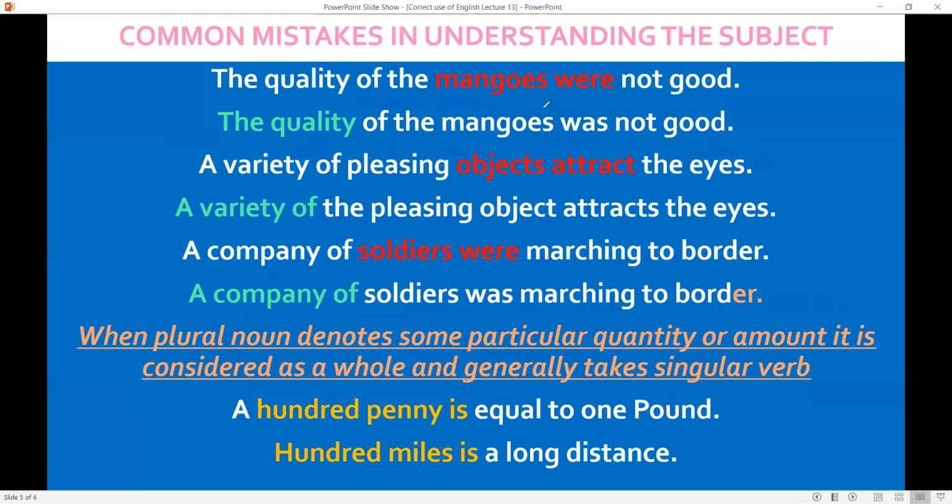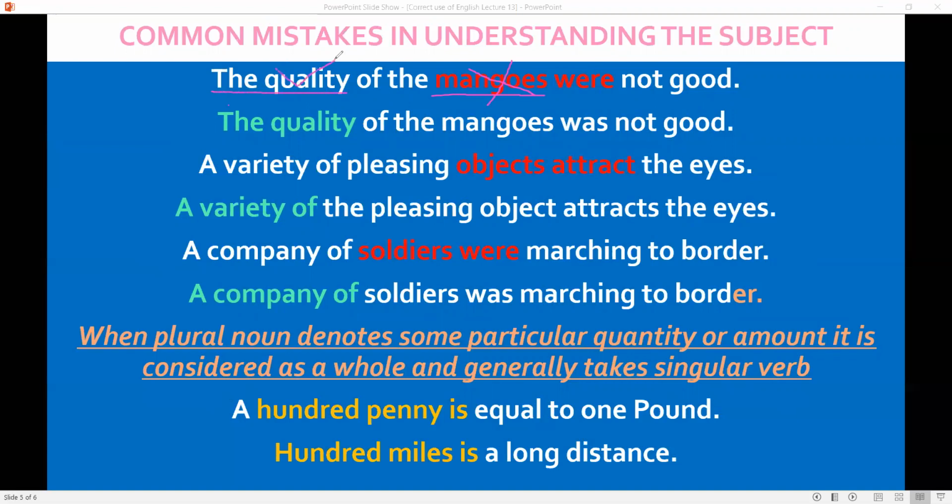Now, these are the common mistakes in understanding the subject. Very common mistakes which even professionals make in their writing. The quality of the mangoes were not good. We think that mangoes is the subject, but we forget that actually it is not the mango but the quality that is under discussion here.